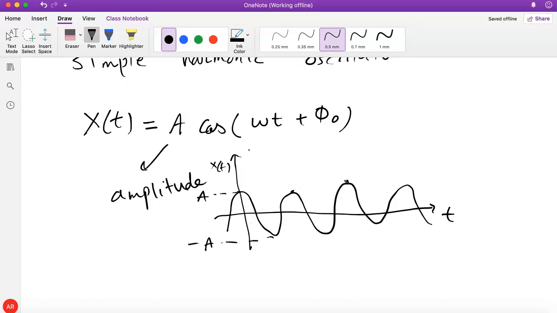And the period is the time it takes to have one full cycle. So what comes after this point is the same as what comes after that when you just go down. So that time we call the period.